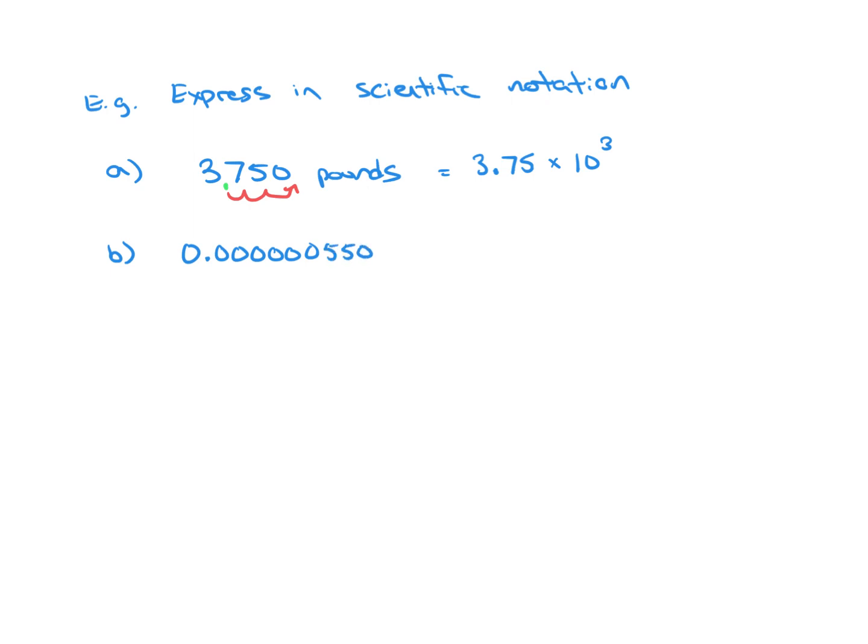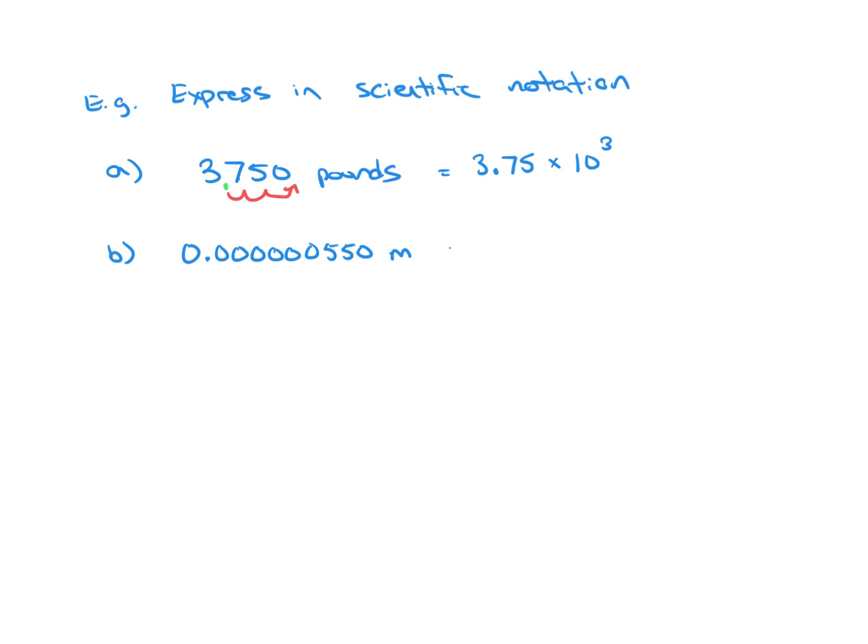So this is read as 0.000000550 meters. That's actually the length of something that we call the wavelength of light, of green light, actually. So light waves are very, very small, and this is kind of a typical distance that you'll see. Scientists don't like to write all those digits all the time, so they use scientific notation.